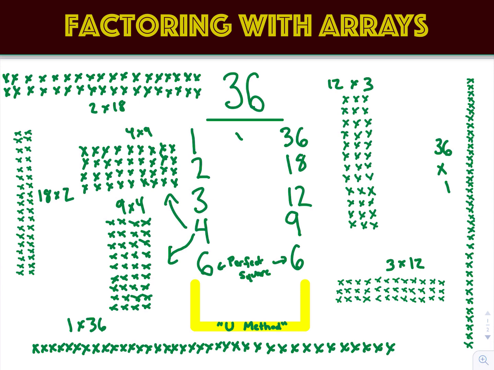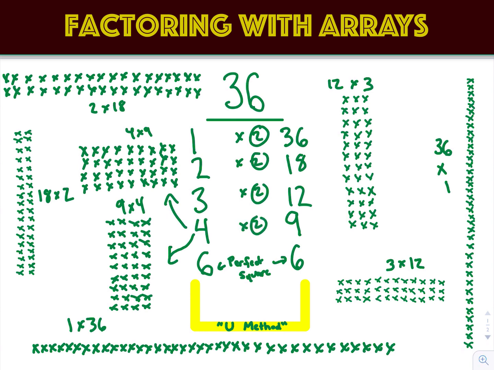So where we have 2 multiple pairs for 1 by 36 and 36 by 1, because they look differently, one would be horizontal and one would be vertical. That's the same for 2 and 18, 3 and 12, and 4 and 9.